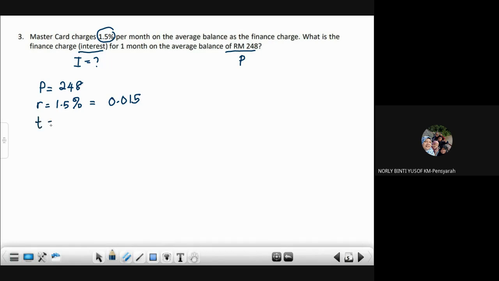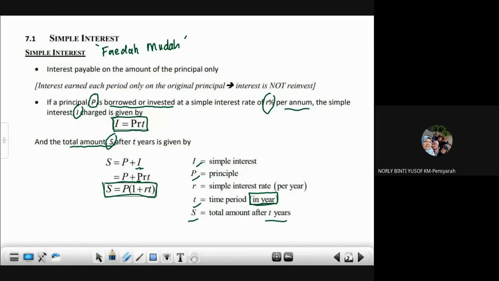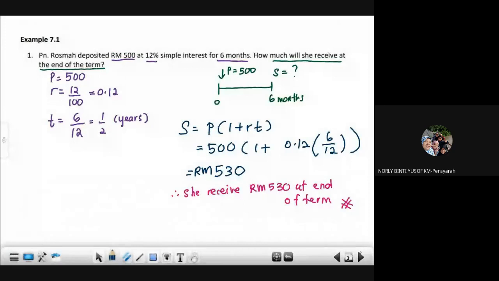Okay, and then your time is in 1 month. So 1 month, since that your rate adalah per month. So you no need to change your time in year. Sebab kalau kita tengok formula ni, dia punya simple rate per year. Kalau per year, so change lah your time period in year. Contoh macam ni kan, dia bagi 12%.